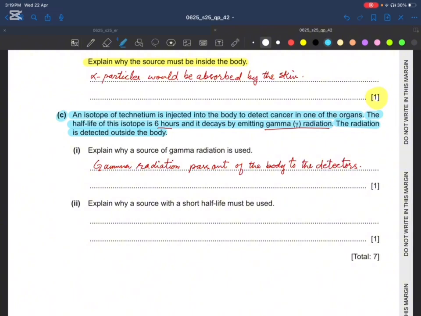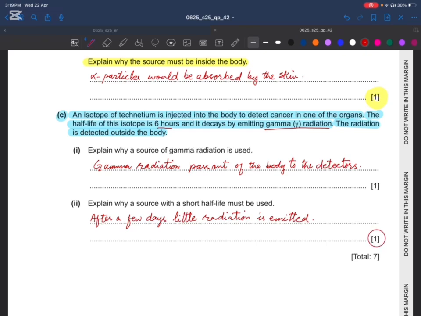Simply you can say that after a few days, little radiation is emitted. The simple point is that your patient is not exposed for a long time.